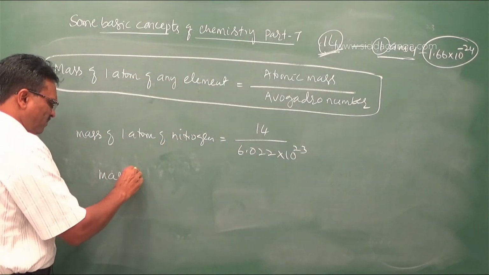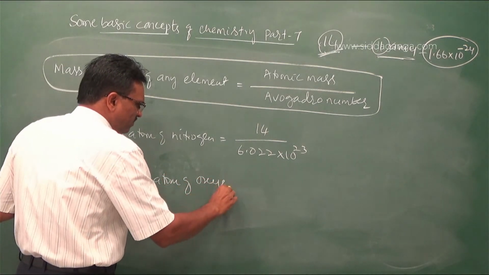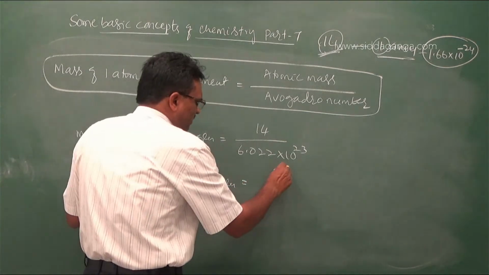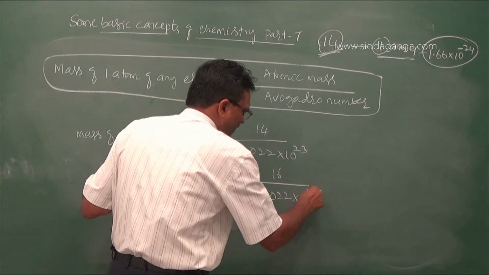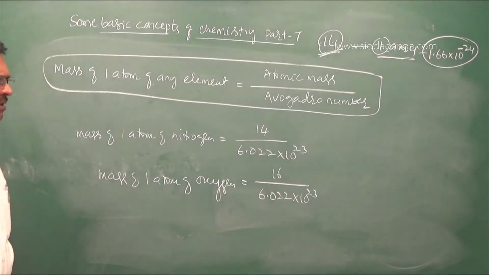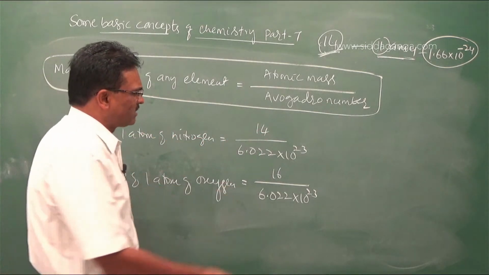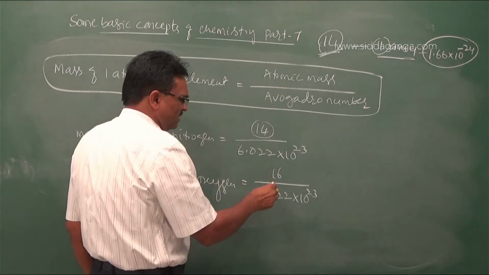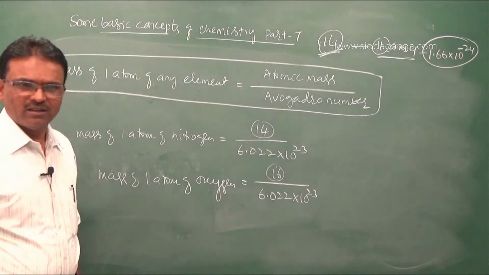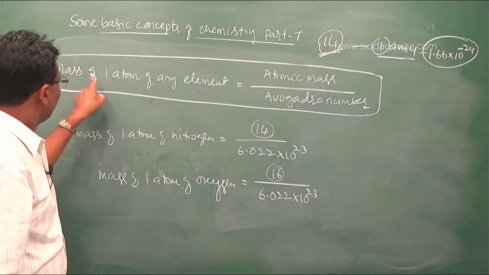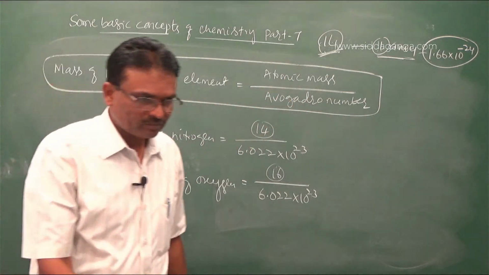Mass of one atom of oxygen is equal to 16 by 6.022 into 10 power 23. Clear? Whichever element you take, mass of one atom of any element is nothing but, this is the atomic mass of nitrogen, this is the atomic mass of oxygen. In general, mass of one atom of any element is equal to atomic mass by Avogadro number.